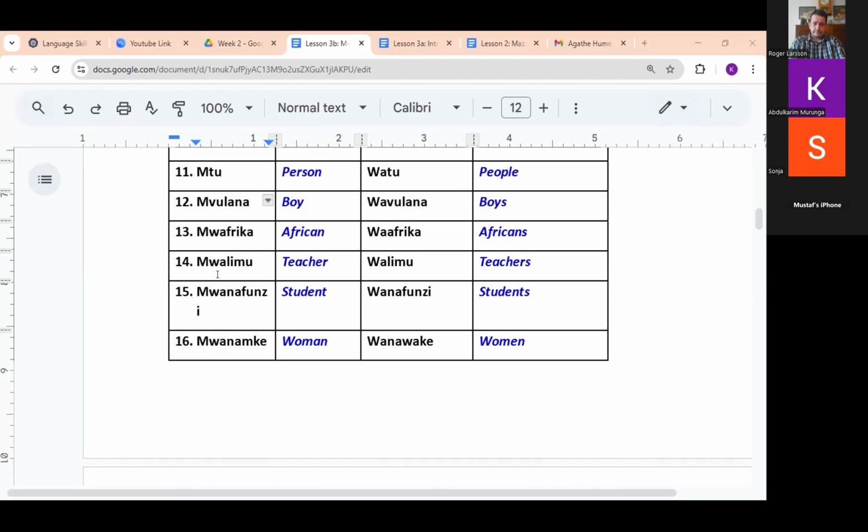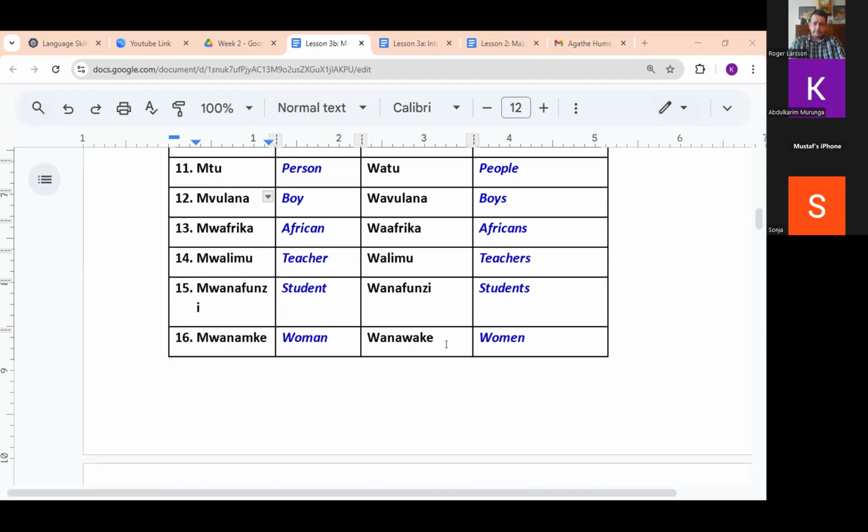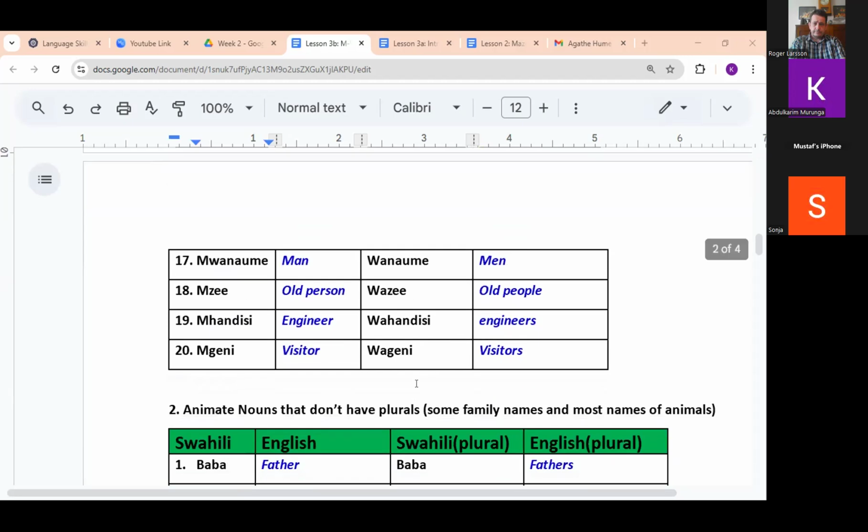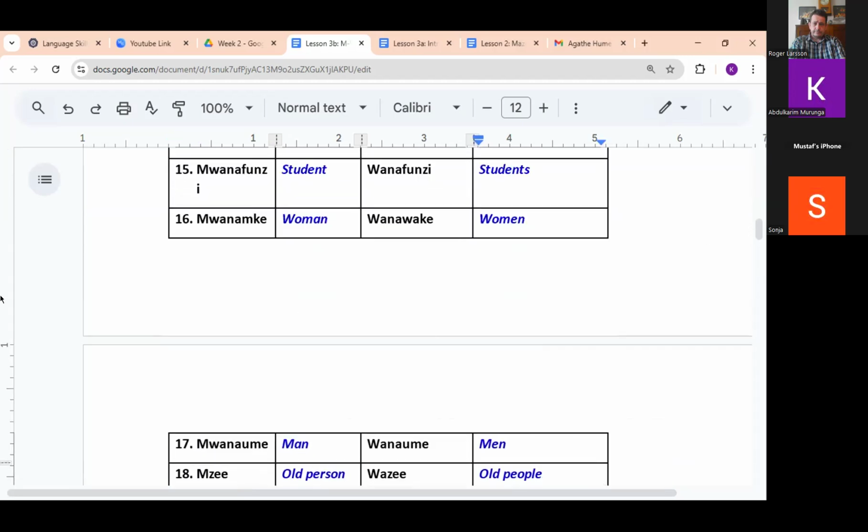Asante. We continue. Kaka Roja, kaka Mustaf, you continue. Mwafrika, Waafrika, mwalimu, walimu, mwanafunzi, wanafunzi. Number 16, sorry.